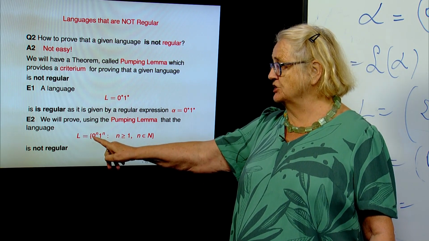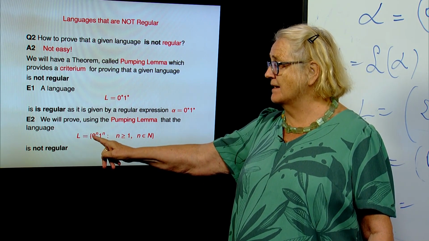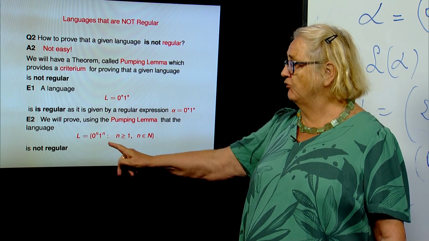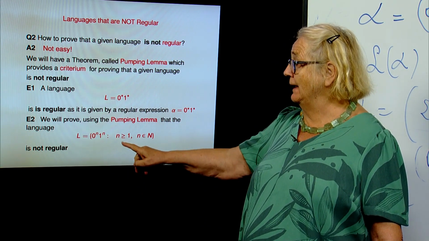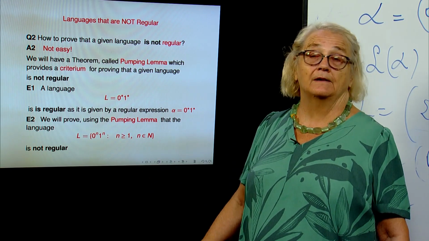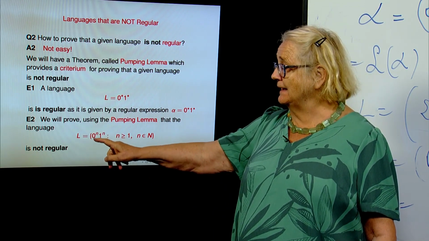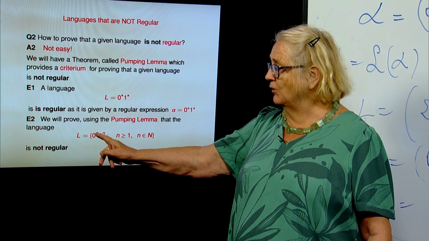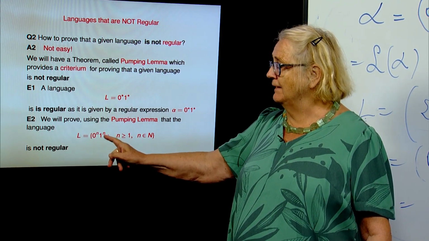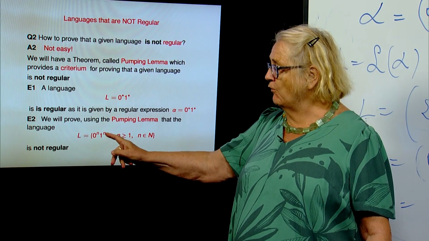That language, 0^n 1^n, is n zeros followed by n ones, where n is not fixed. It means that language has the same number of zeros followed by the same number of ones.